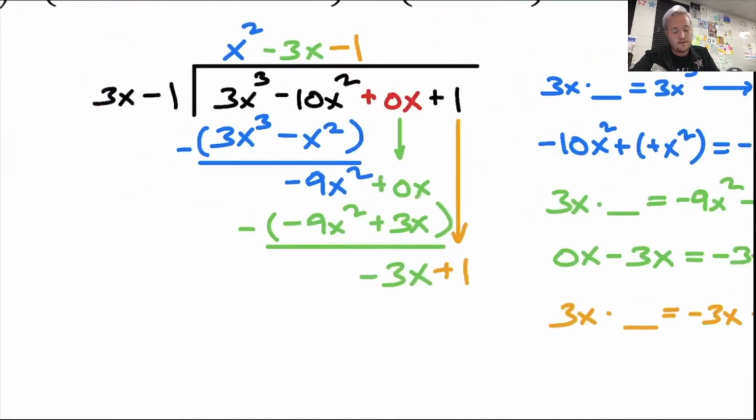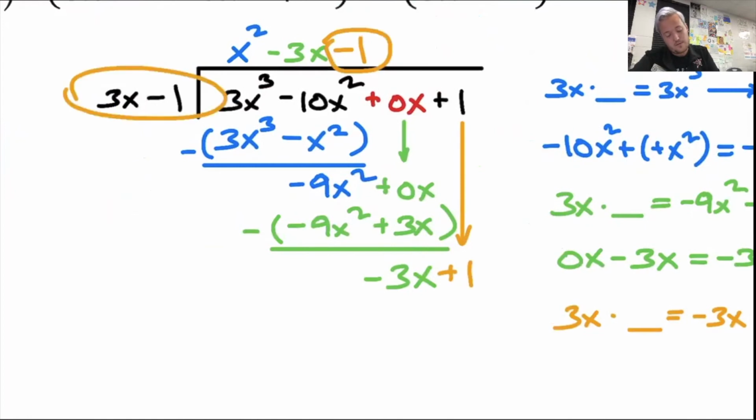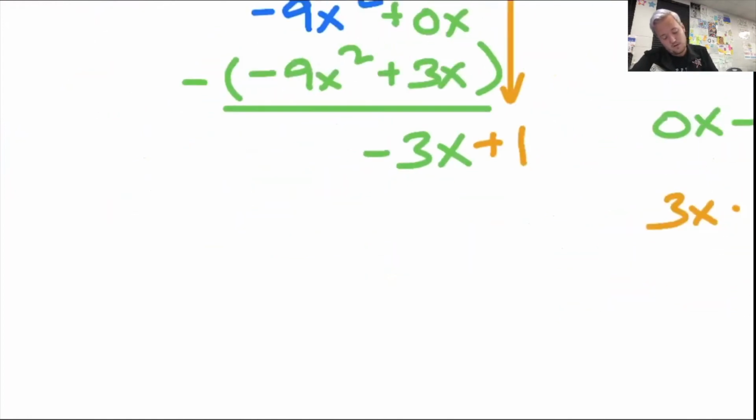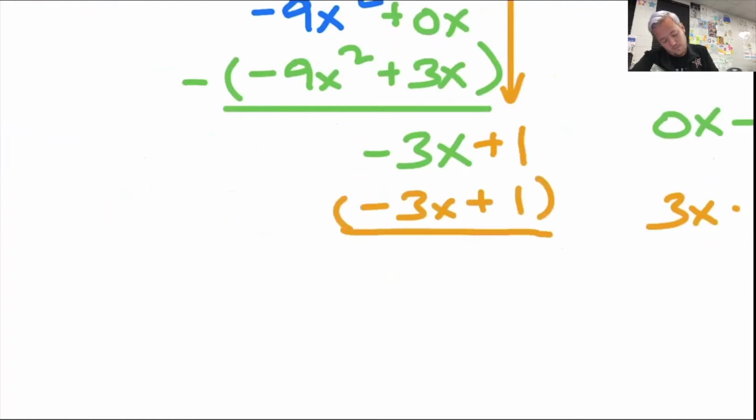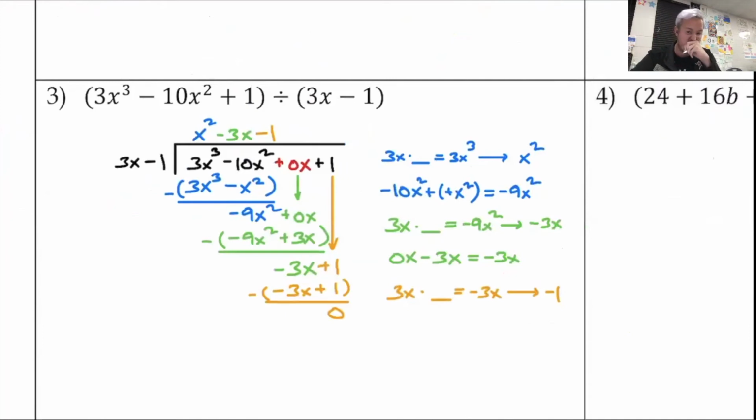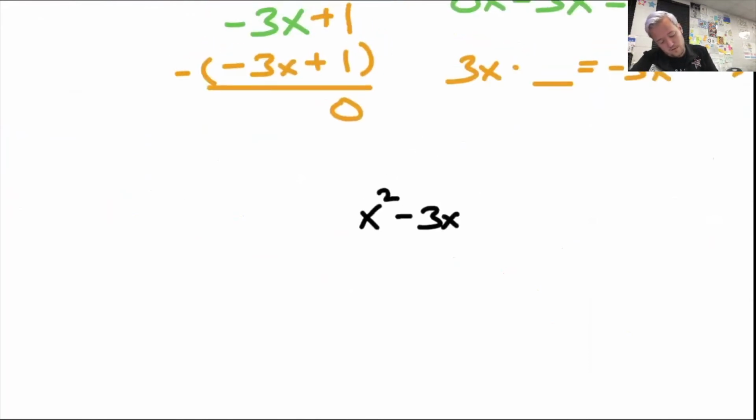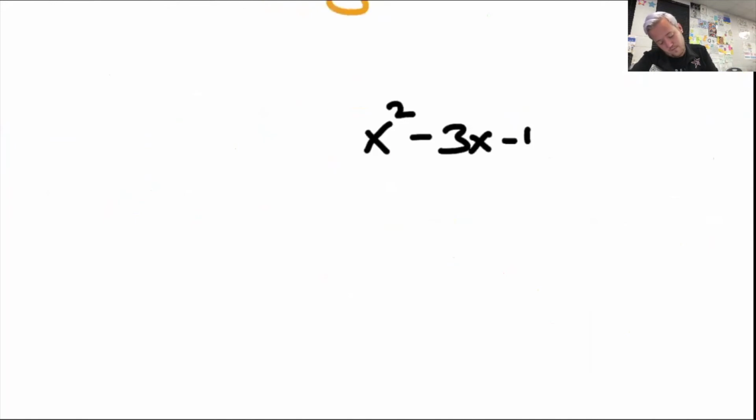So negative 1 times 3x minus 1 gives negative 3x plus 1. Subtract, and we have a remainder of 0. So our final quotient here is x squared minus 3x minus 1. That was a long one.